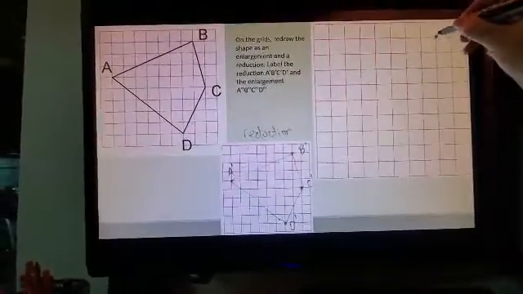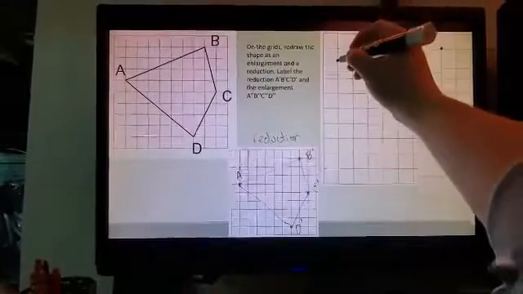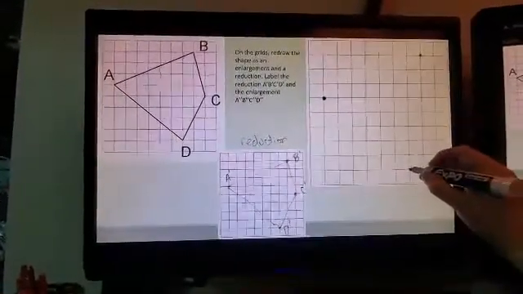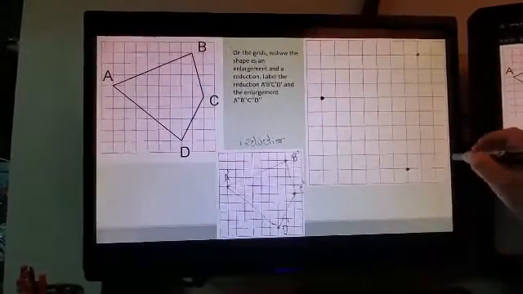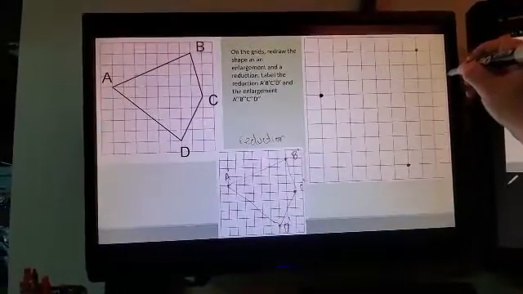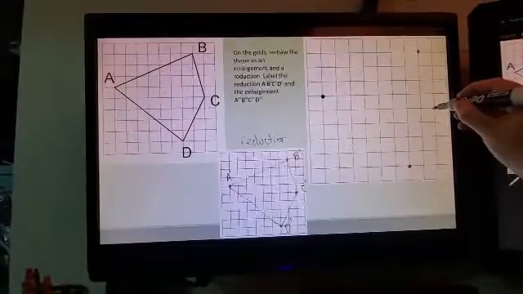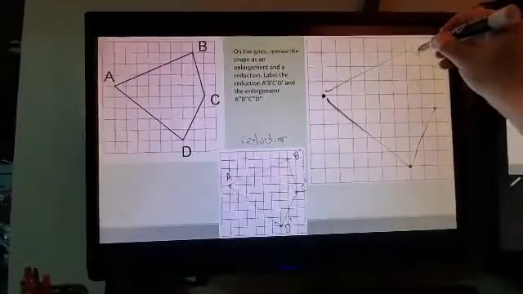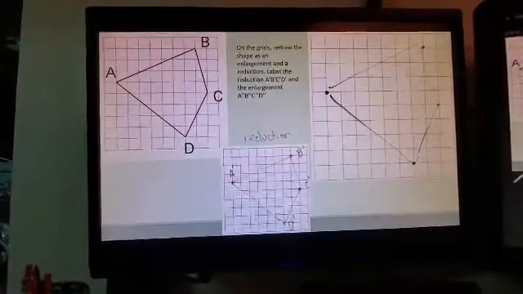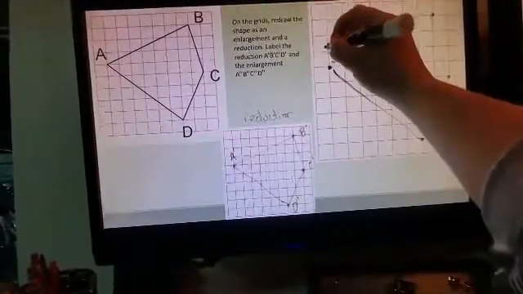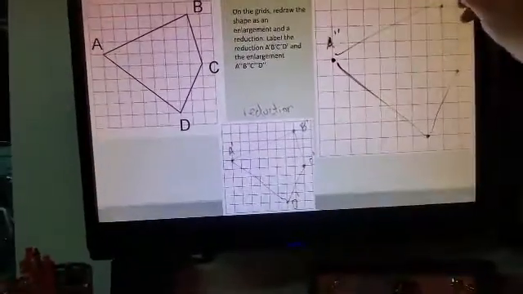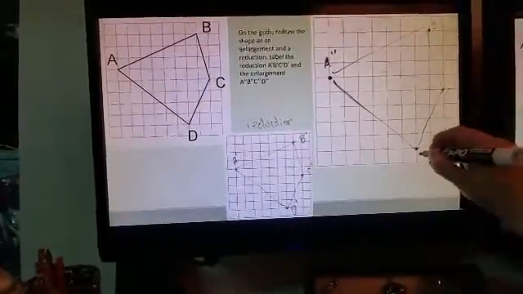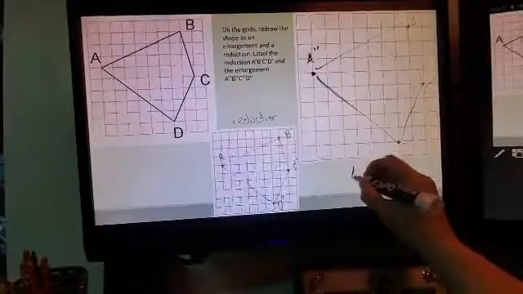Our grid is just a different size. So we've got A double prime, B double prime, C double prime, and D double prime. So this is our enlargement.